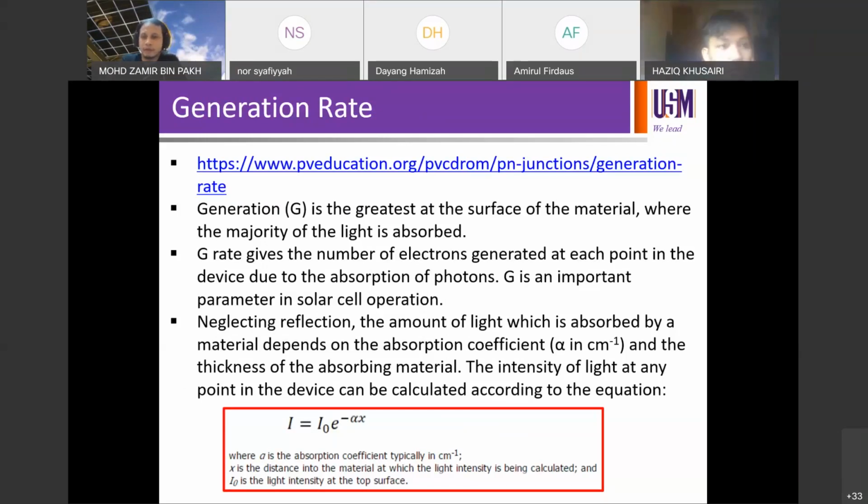What are the three cases when you have incident photons on your semiconductor? Three cases will happen, either one of the three. Case number one is when your photon energy is what compared to the band gap? Let's recap before we talk about generation, because they are related to each other.